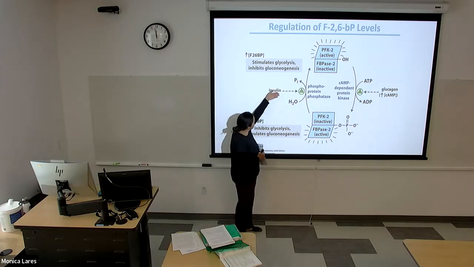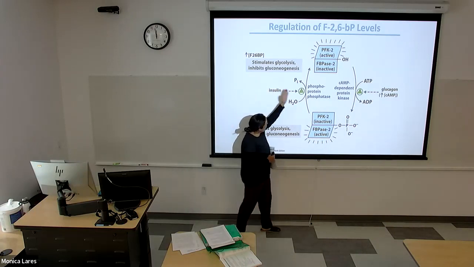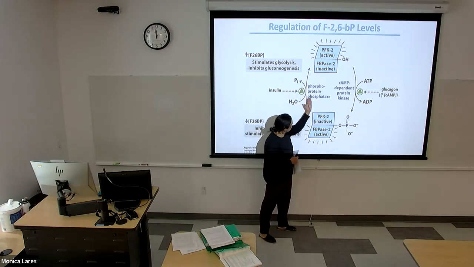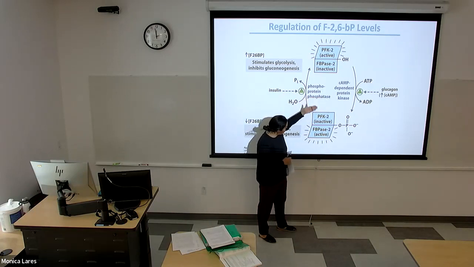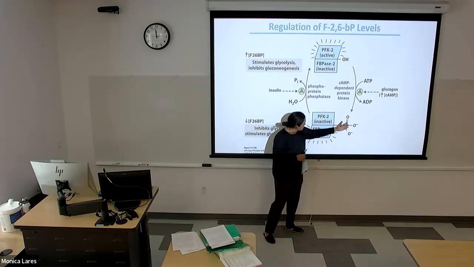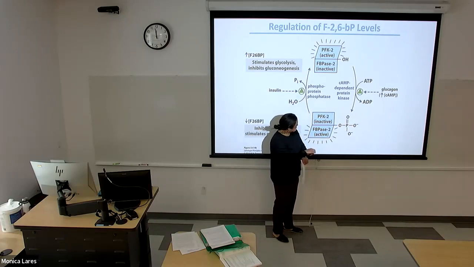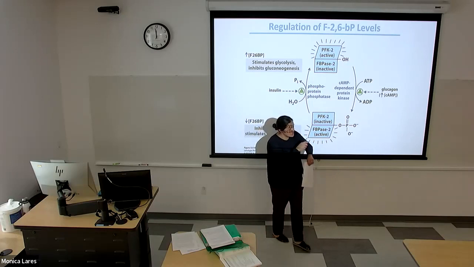In the presence of insulin, we activate another enzyme called phosphoprotein phosphatase. Notice that when the protein is phosphorylated, the FBPase activity is active, the activity that removes that phosphate group. When the phosphate group is removed, then our kinase activity, our phosphofructokinase 2, is active.